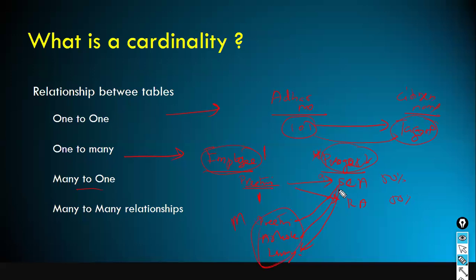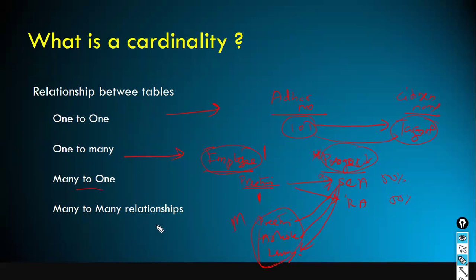This is many, this is one, many-to-one. Understood? A single employee working on multiple projects is your one-to-many. Many-to-one is the opposite: multiple employees are working in a single project.